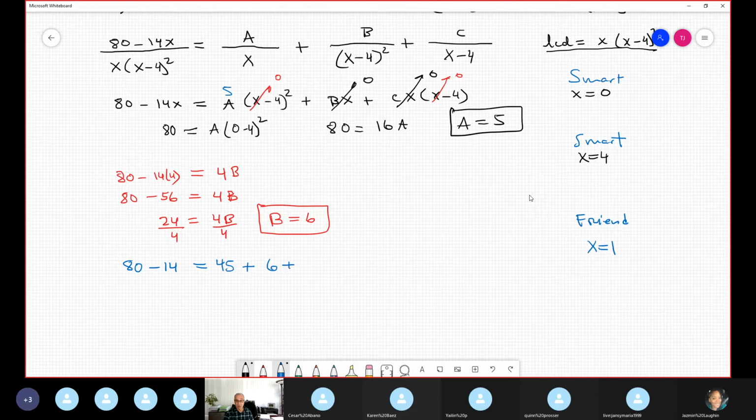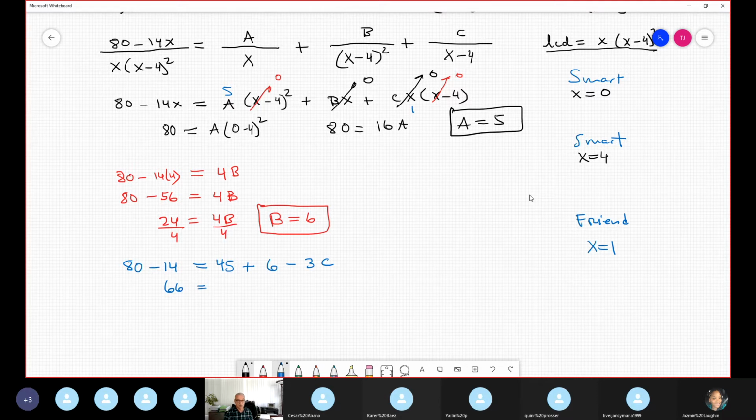Plus C, que I have no idea who is C, but this is 1 and this is also 1. 1 minus 4 is negative 3. So actually it's no plus, it's minus 3C. Okay. This is 66. This is 45.